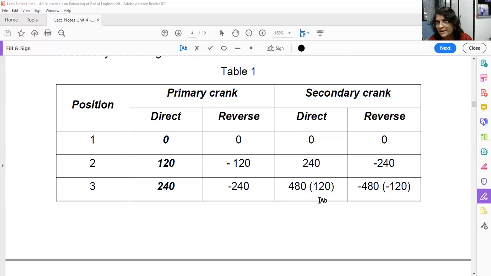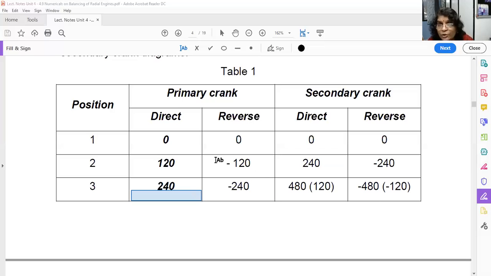That is 120 degree. Okay. Then what is the reverse secondary crank? Just give the negative sign to this one. That means you have to rotate in the opposite direction. So 0 is 0. 240, it is minus 240. 480, minus 480. Understood this table?